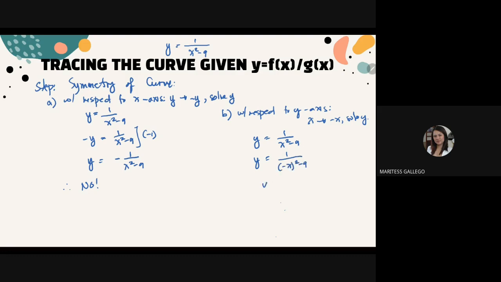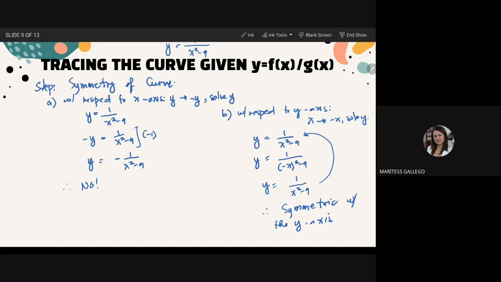So what do we have here? Y is equal to 1 over. Positive pa rin siya. So meaning we go back to the original function. So therefore, yes, it is now symmetric with the y-axis. So note nyo yan, na symmetric siya sa y-axis.